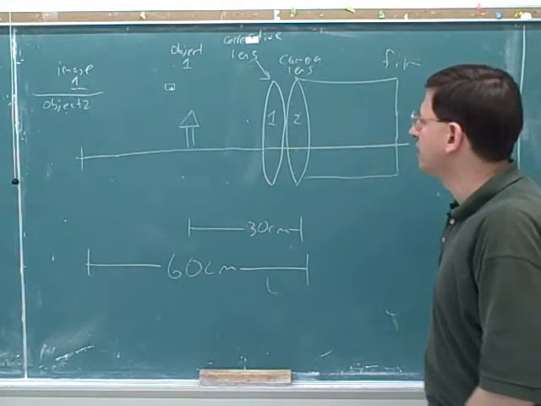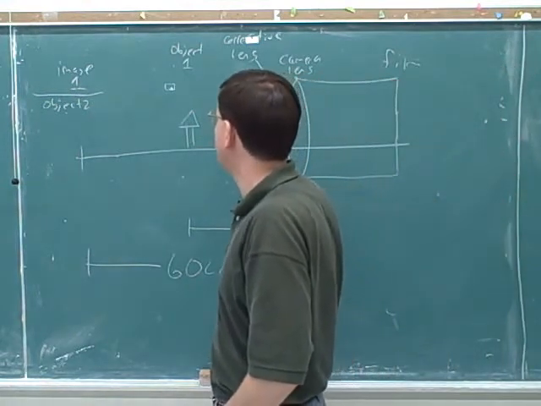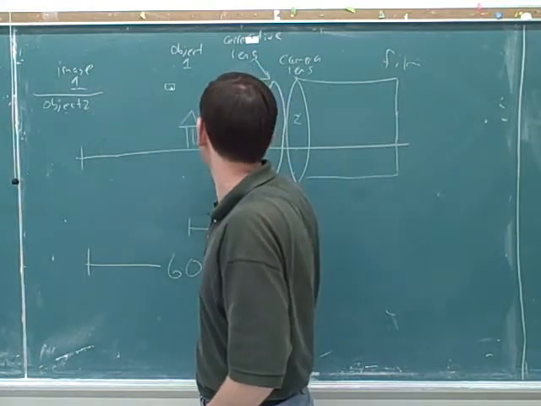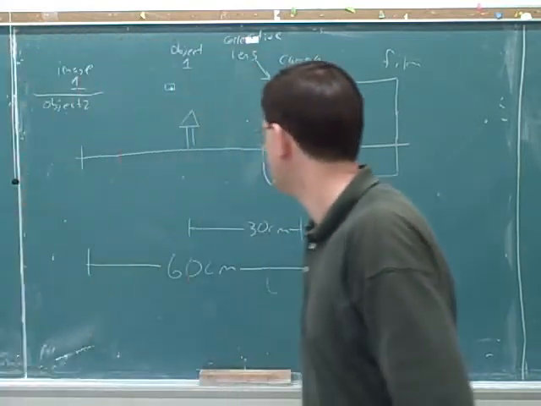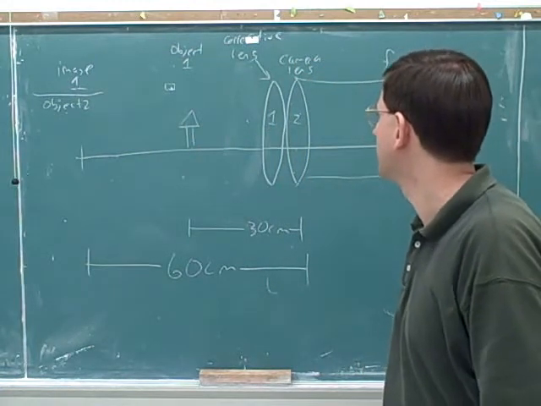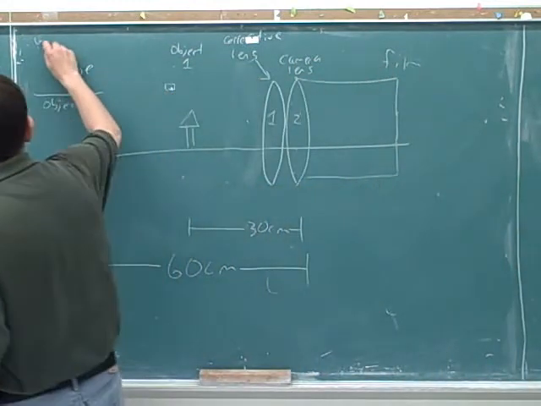So let's take out our chart and ask what type of image is this going to be. We're getting a virtual image from a converging lens. What else do we know about virtual images from converging lenses? They're upright and magnified.